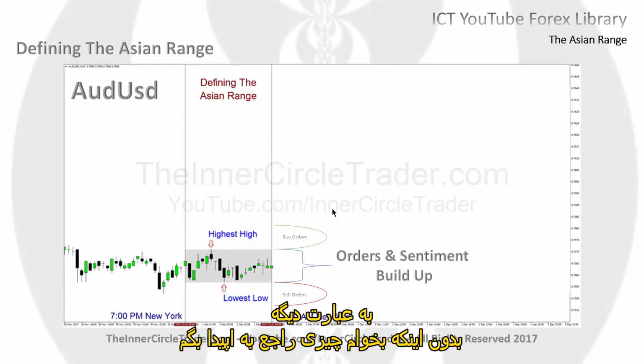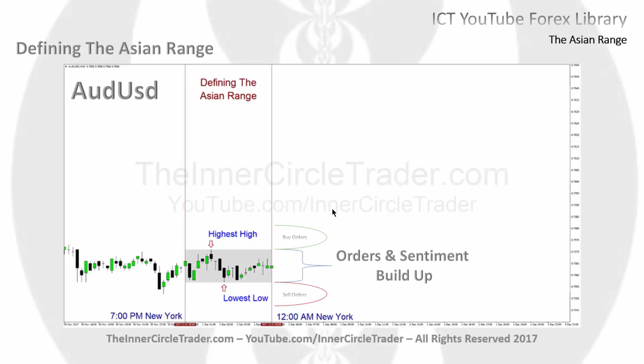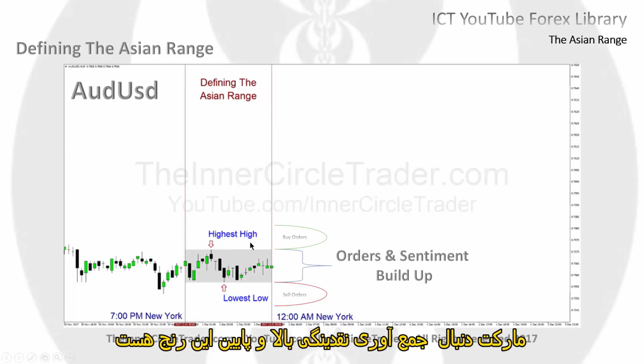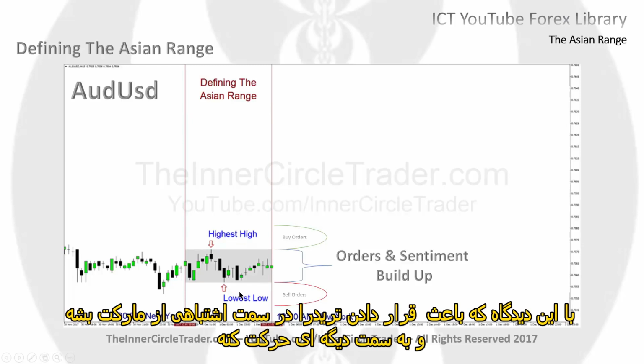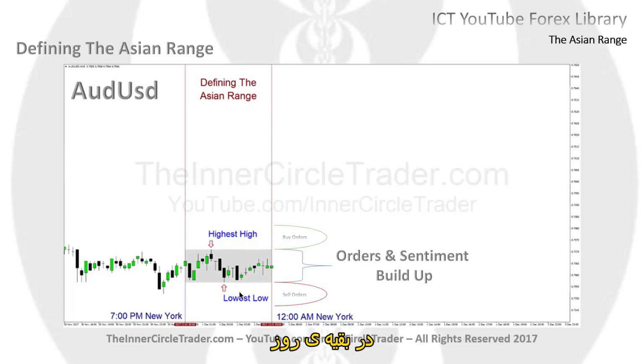So in other words, without going into IPDA and teaching anything really about that, the market will seek the liquidity above or below this range with a premise that it's going to put them on the wrong side, and then it'll go the other way for the remainder of the trading day.